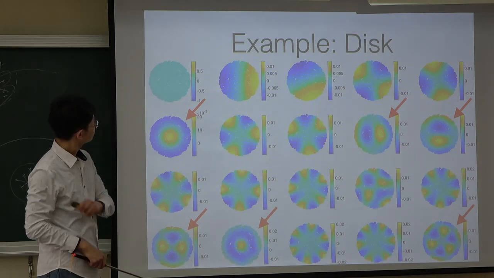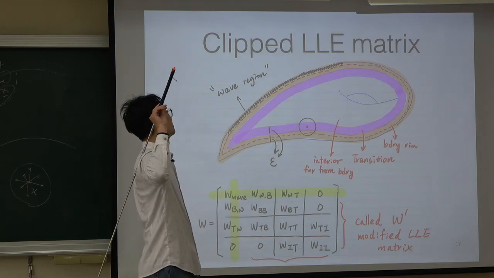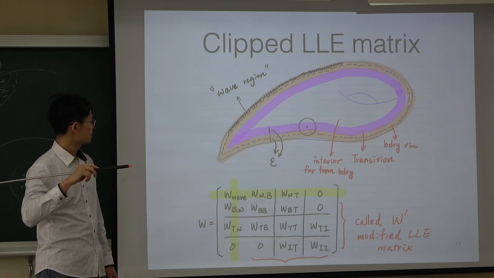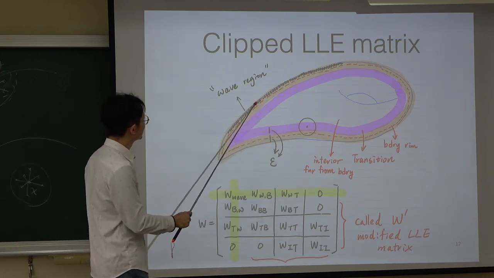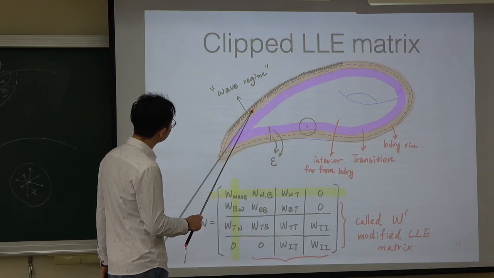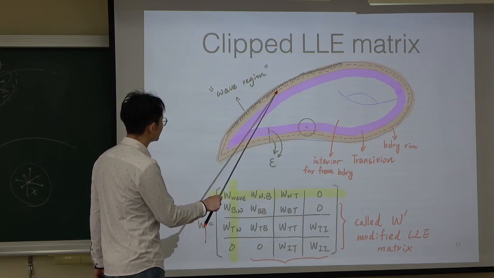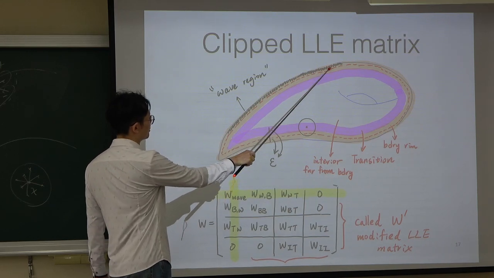And back in 2019, 2020, we just said, how about the following? Suppose we know the boundary. Suppose we can detect the boundary. Then we know that there is a wave region, right? This region outside the dashed red line is kind of a wave equation, hyperbolic.